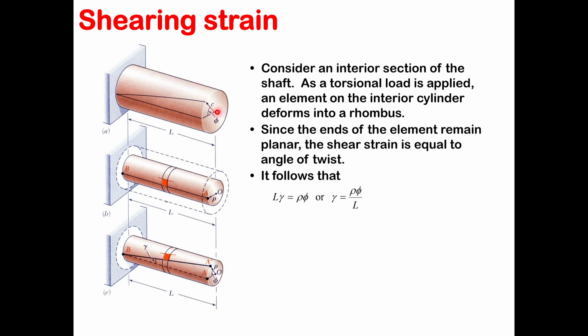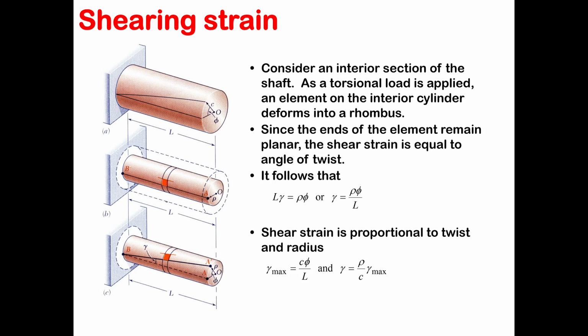And when you increase the C, when you increase the circumference, you are increasing that arc length, which is going to tell us that we are going to get the maximum shearing strain. So your maximum shearing strain is going to be C phi, which is your radius of the beam, over L. So we can relate the shearing strain to the maximum shearing strain using this analysis.